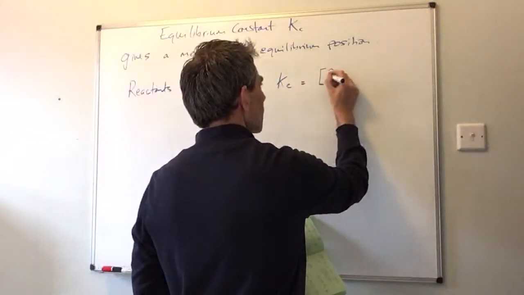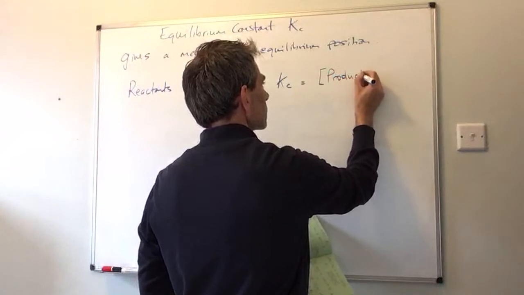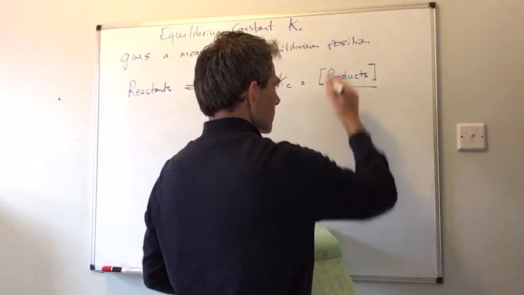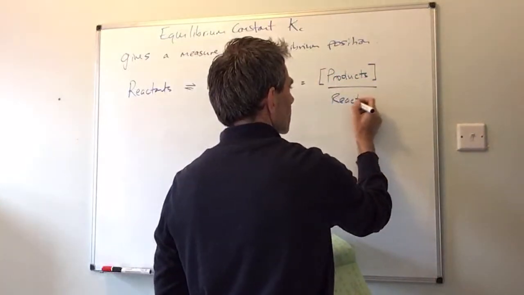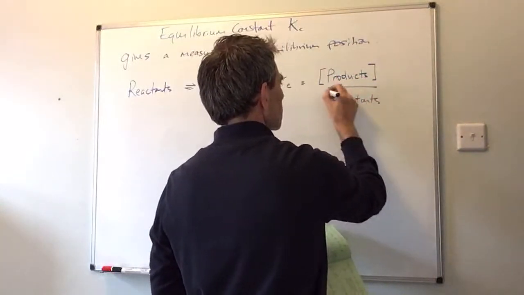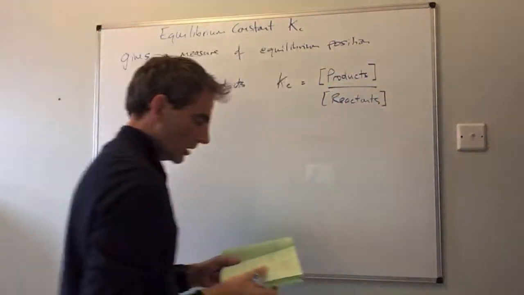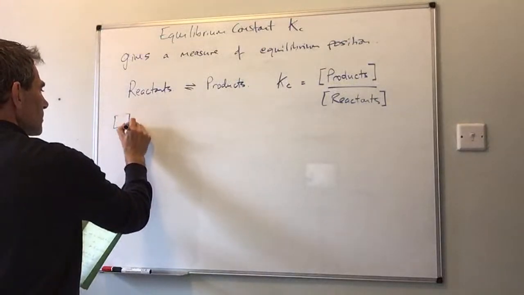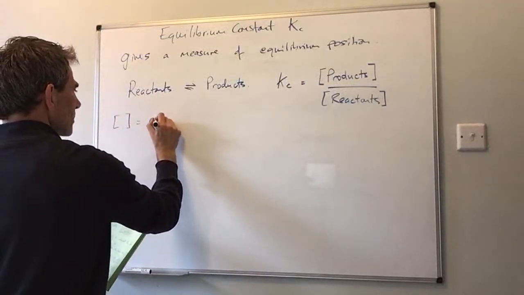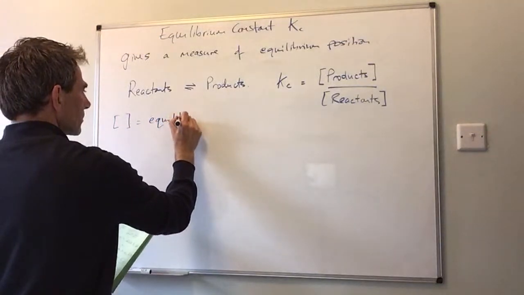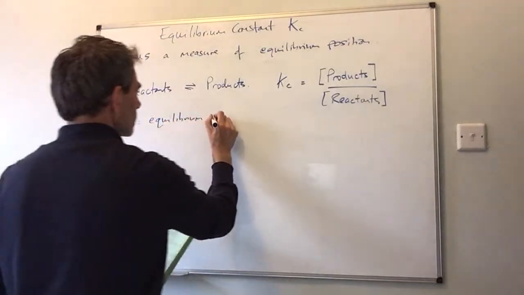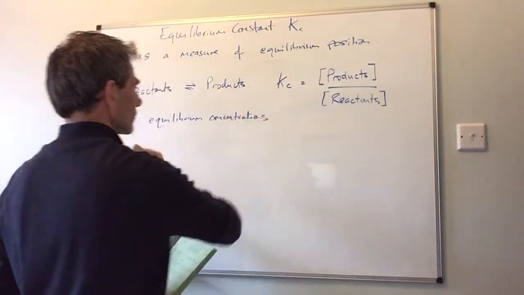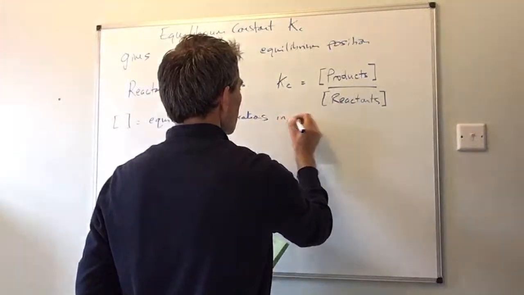So it's products on the top over reactants. So this is obviously the simplest type of Kc expression. Just to explain, the square brackets refer to the equilibrium concentrations, and they're obviously measured in moles per decimeter cubed.